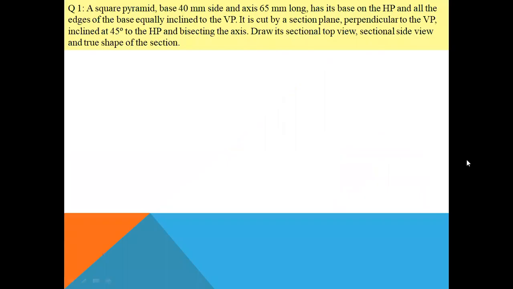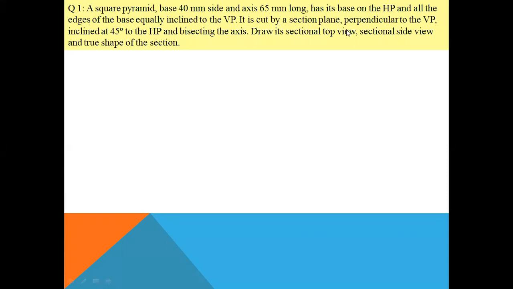If we come to the first question of your assignment number 3, it says: a square pyramid of base 40 millimeter side and axis 65 millimeter long has its base on the horizontal plane and all the edges of the base equally inclined to the vertical plane.